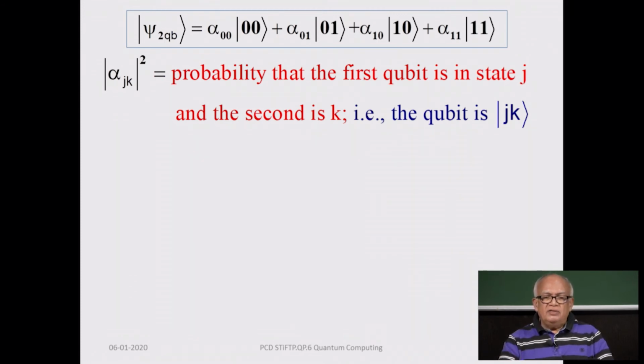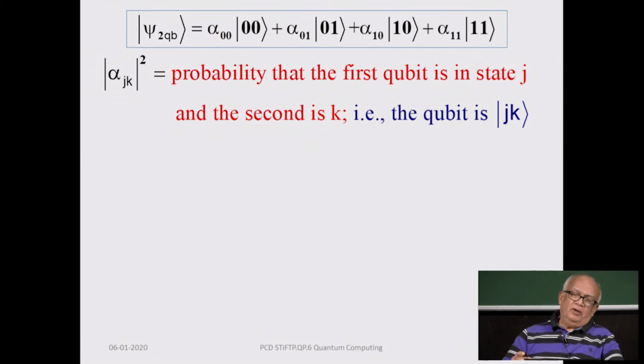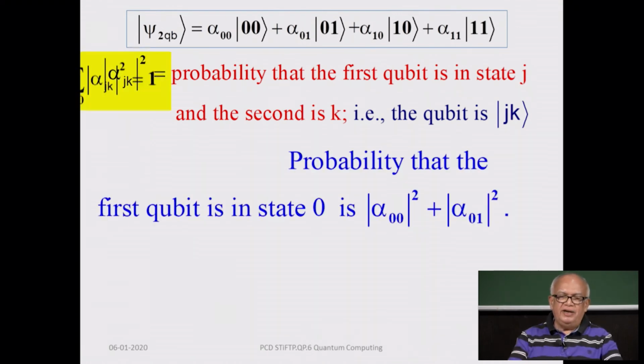So you have this direct product or tensor product of single qubit states. So now you have 0 0, 0 1, 1 0 and 1 1, right? There will be 4 coefficients, alpha 00, alpha 01, alpha 10, alpha 11. Each would be a complex number having 2 real numbers, right? But then you will still be able to subject it to the same kind of analysis, orthogonality, normalization. So some of these real numbers will be redundant.